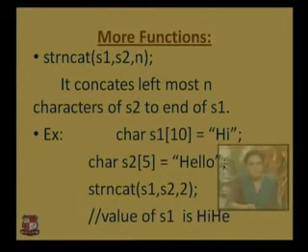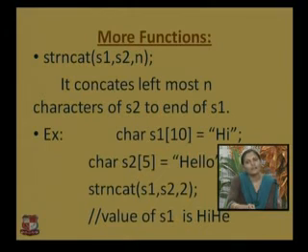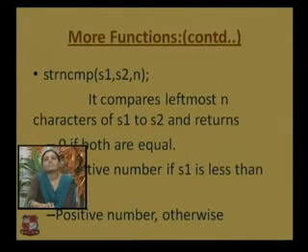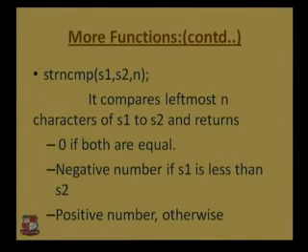See this example: s1 contains the value hi, s2 contains the value hello. If I take the strncat function and pass the parameters s1, s2 and 2, the leftmost 2 characters of s2 will be appended to the end of s1. So now the value of s1 is hi and he, the 2 characters concatenated to s1. For that you have to initialize s1 large enough to accommodate the appended value.